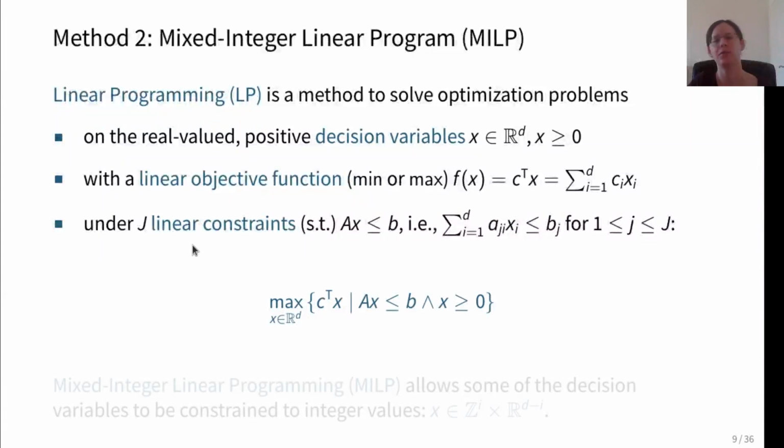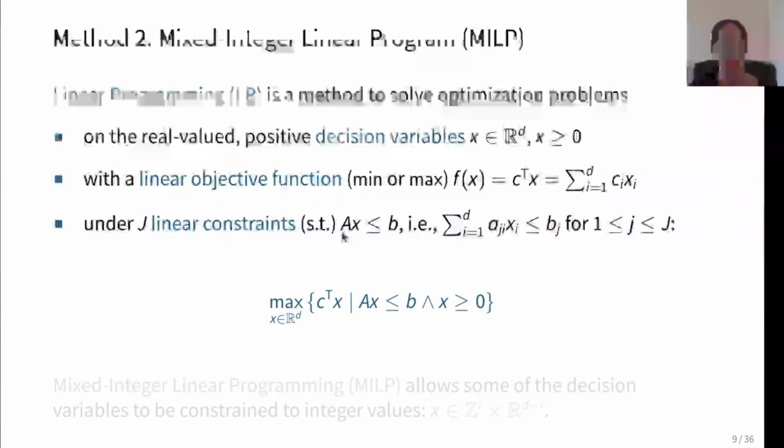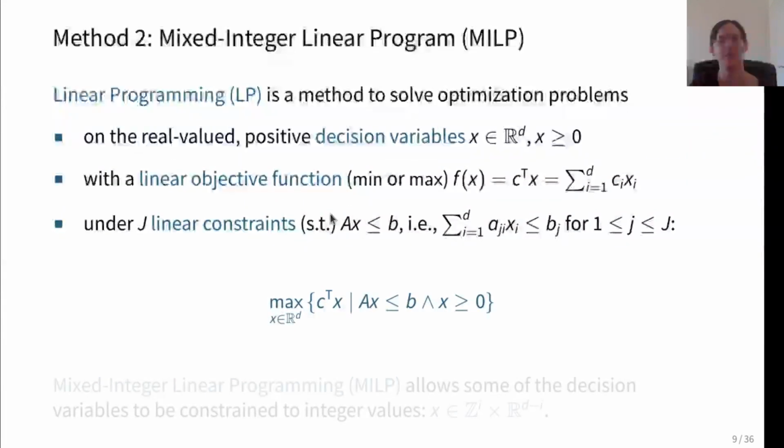And now, of course, we also need some constraints, otherwise this would be too easy. These constraints also have to be linear, meaning each constraint is a weighted sum of my decision variables that needs to be below some bound. In general, we write this as a matrix times vector multiplication, where the matrix A describes the constraints, x is the decision variables, and b are the bounds for each of these linear equations.